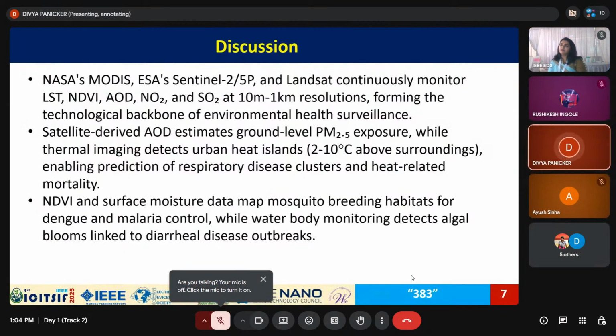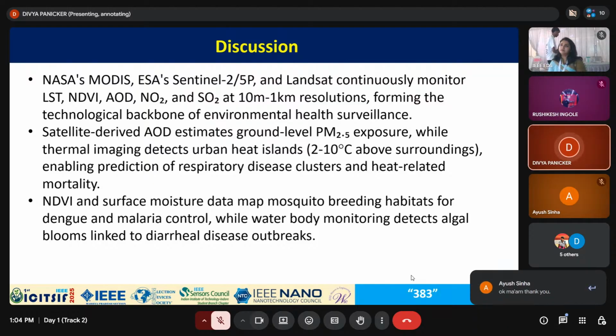An important advancement is the integration of satellite data with artificial intelligence and machine learning. Models like random forests, support vector machines, and deep learning algorithms can identify disease hotspots with high predictive accuracy. This allows public health authorities to target interventions before outbreak peaks.